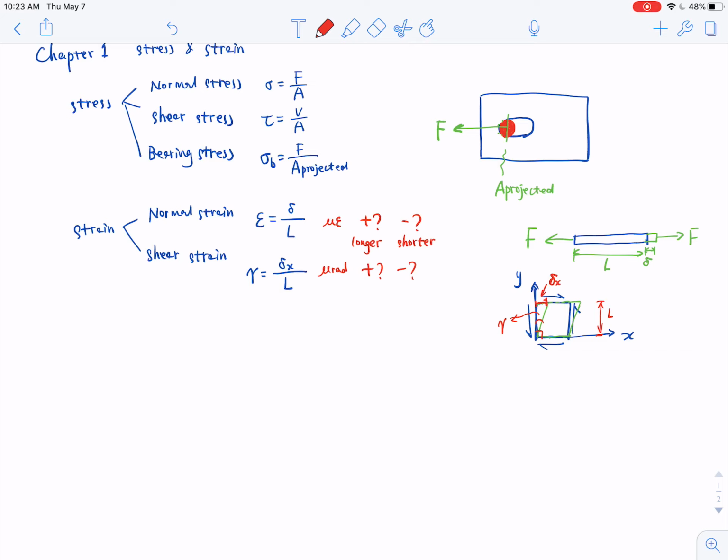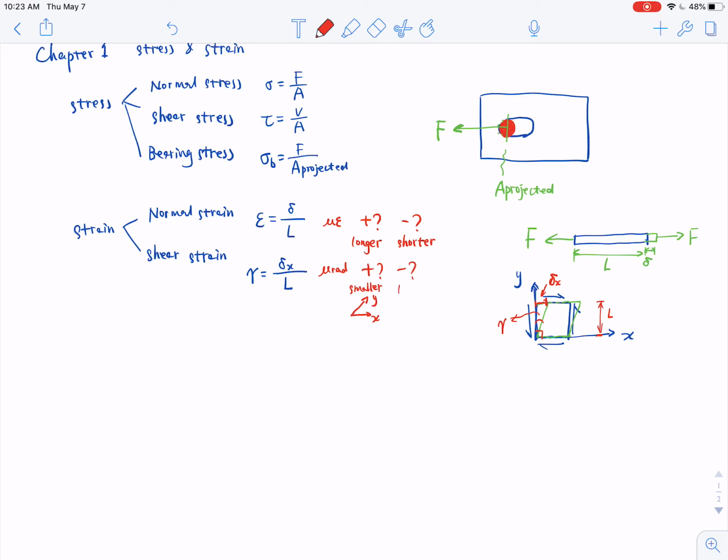When the angle between x and y becomes smaller than 90 degrees, it will be a positive shear strain.